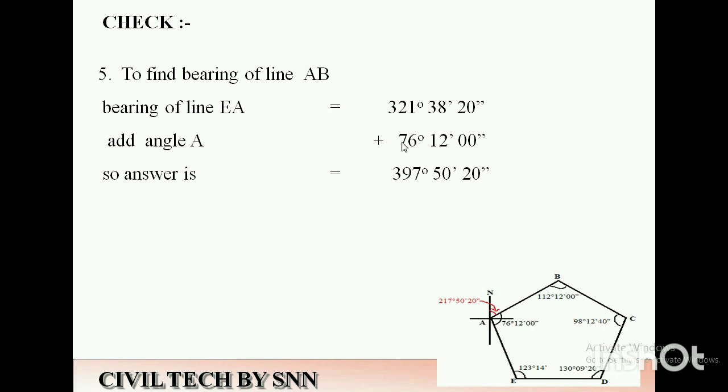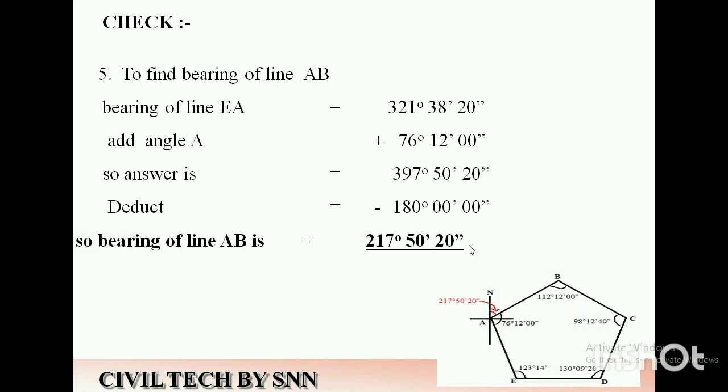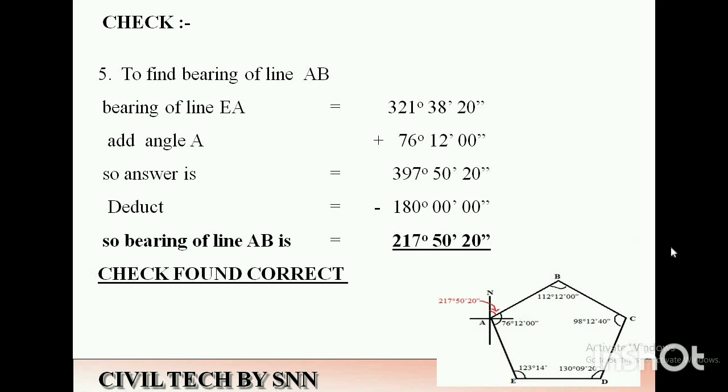Now this answer is greater than 180 degree. So deduct 180 from this answer, you will get the bearing of line AB, which is 217 degree 50 minute 20 second. Now this calculated bearing and observed bearing are found correct, it means our check is correct. In this way you can find out the bearing from the included angle method.